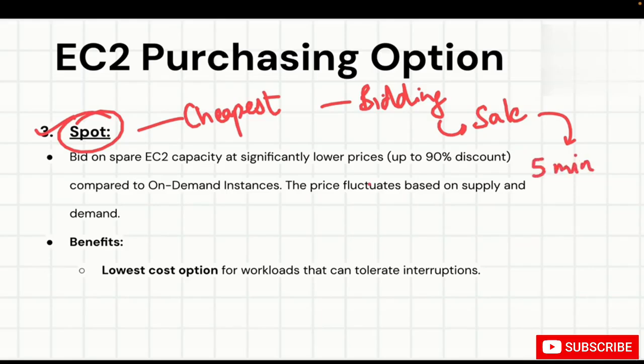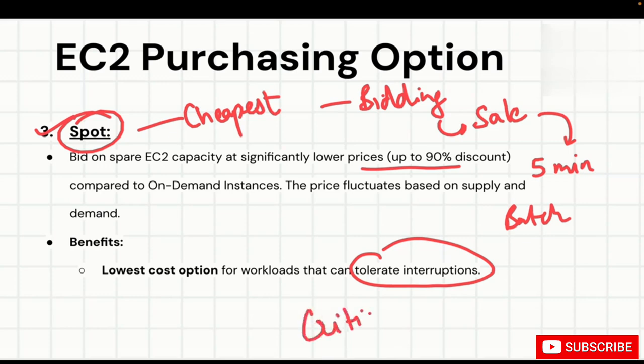Although it offers up to 90% discount, which is the lowest price, it requires tolerance for interruptions. Let's say batch work can take place, but not your critical tasks. Critical tasks should not be running on spot instances because we are unable to manage the cost there. AWS can come and ask for the resources back within 5 minutes, so it is for services that can handle interruptions.